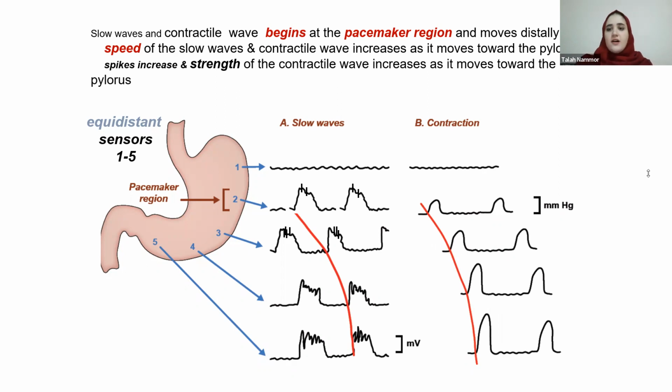Right? Sorry to cut you, but in other words, as we go down the stomach toward the duodenum, the electrical waves are stronger, which means we have stronger muscle contraction as we move down the stomach. Yeah, right. And more spikes means increased amplitude and increased strength. Okay, is this clear, guys?